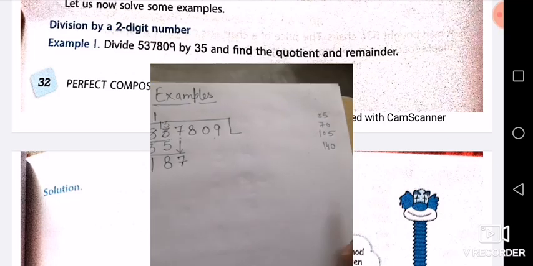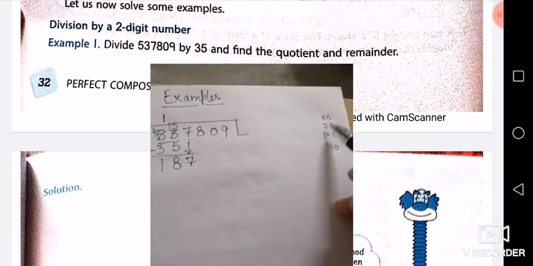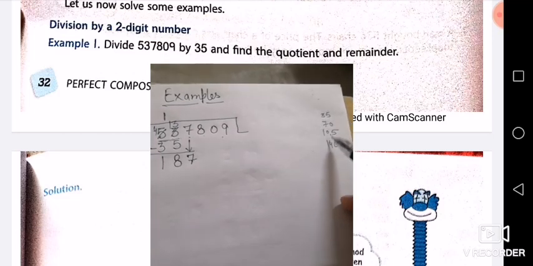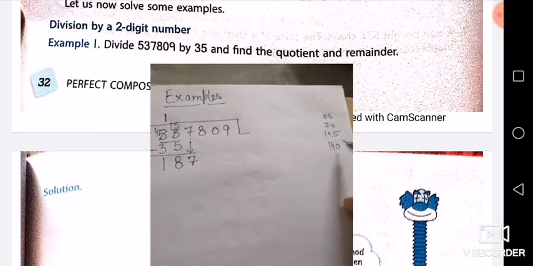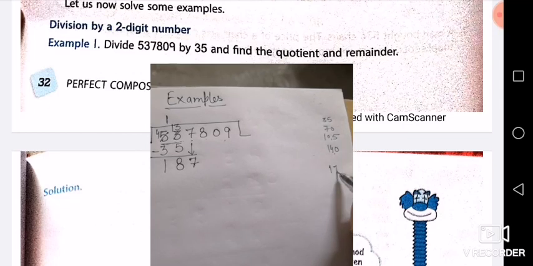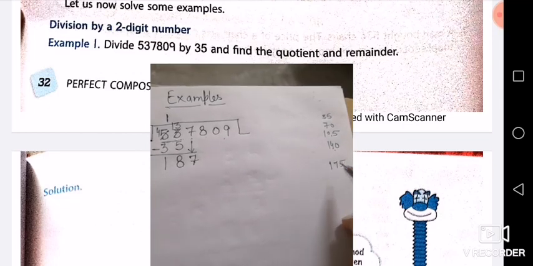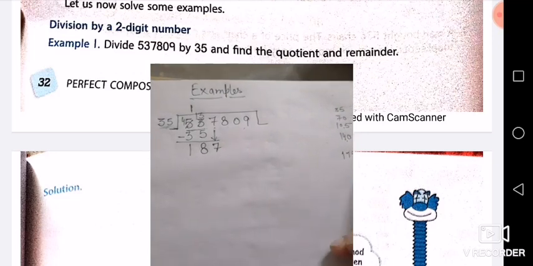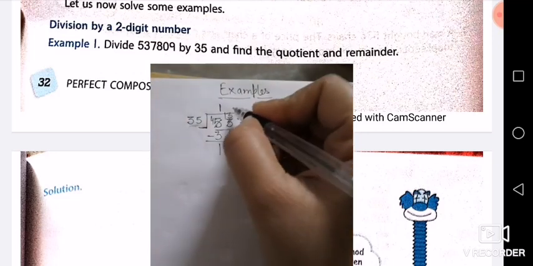If I write it like this, 35 ones are 35, 2s are 70, 3s are 105. You can simply do the multiplication and write it down here. Then 35 4s will be 140, and then 5s will be 175, like this. So now this 187 is nearer to 175, so we'll go with 5s.